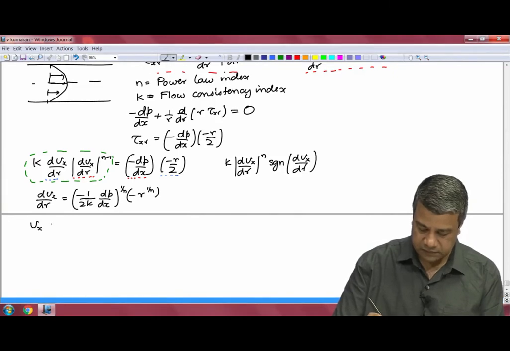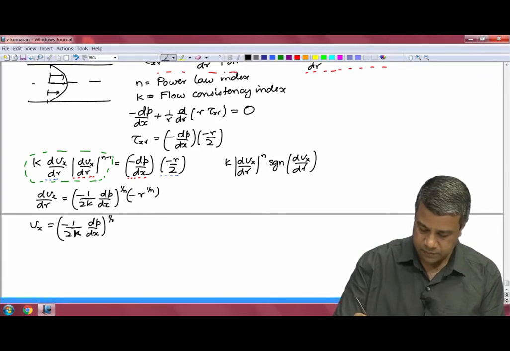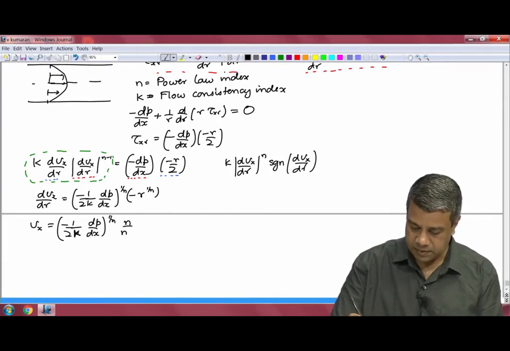Integrated once, Vx is equal to n by n plus 1 into r power n plus 1 by n, plus some constant c.